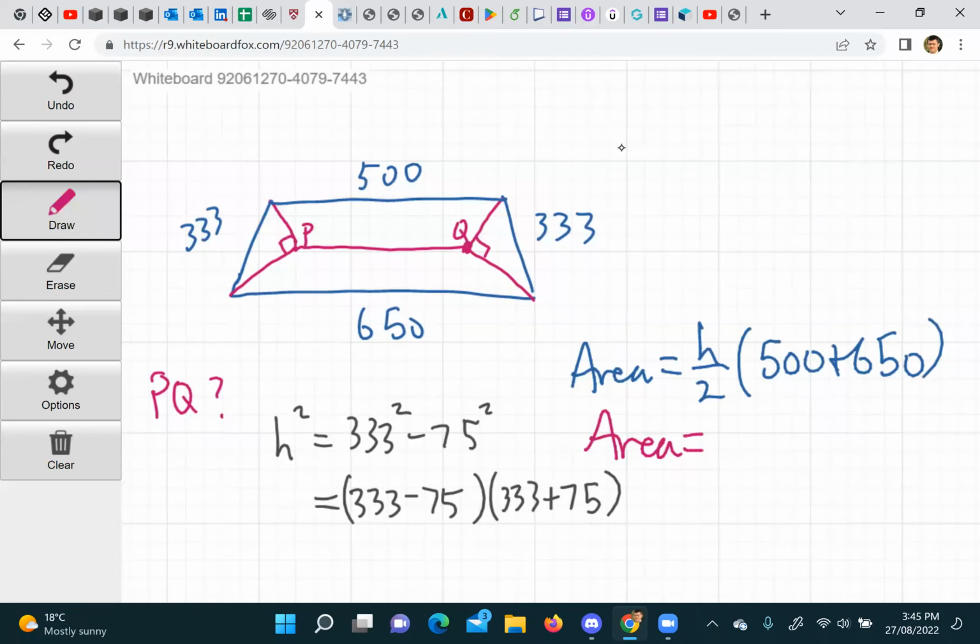Okay, so which area do you want to add up first? 500 h plus PQ, right? Yeah. This is h on 4. Yep. What else? Then the other trapezium. So that's also h on 4, yeah?